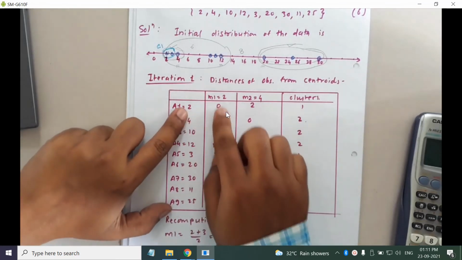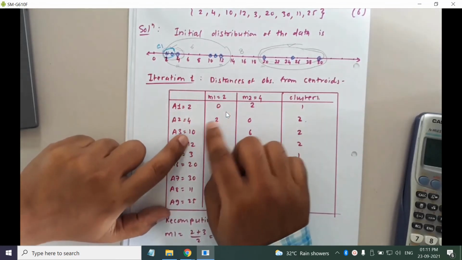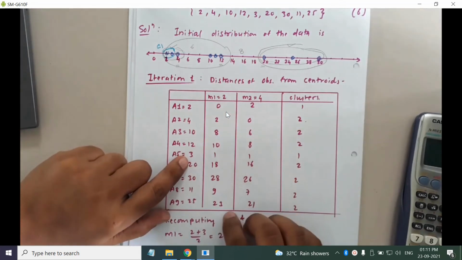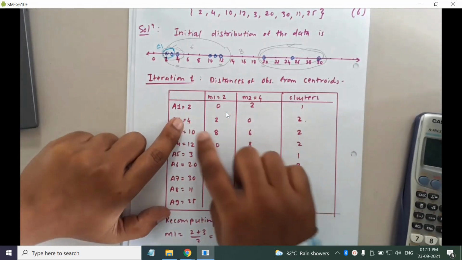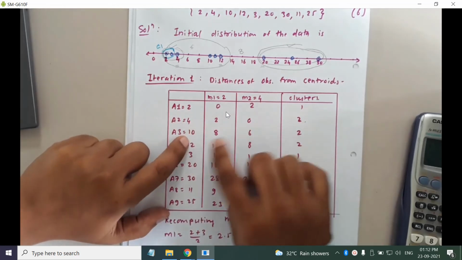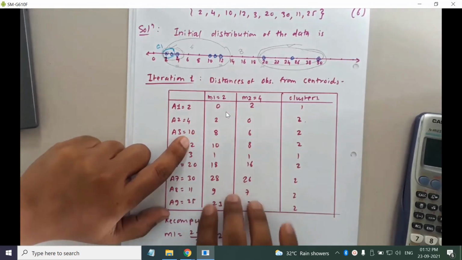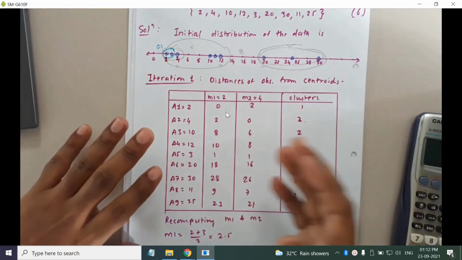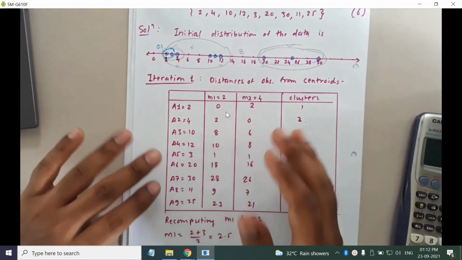So 2 minus 2, that is 0, 4 minus 2, that is 2, 10 minus 2, that is 8, 12 minus 2, 10, and so on. Then 4 minus 4, 0, 10 minus 4, 6. Calculate the distance, and you have to take a mod, so if you get minus 6, make it 6.